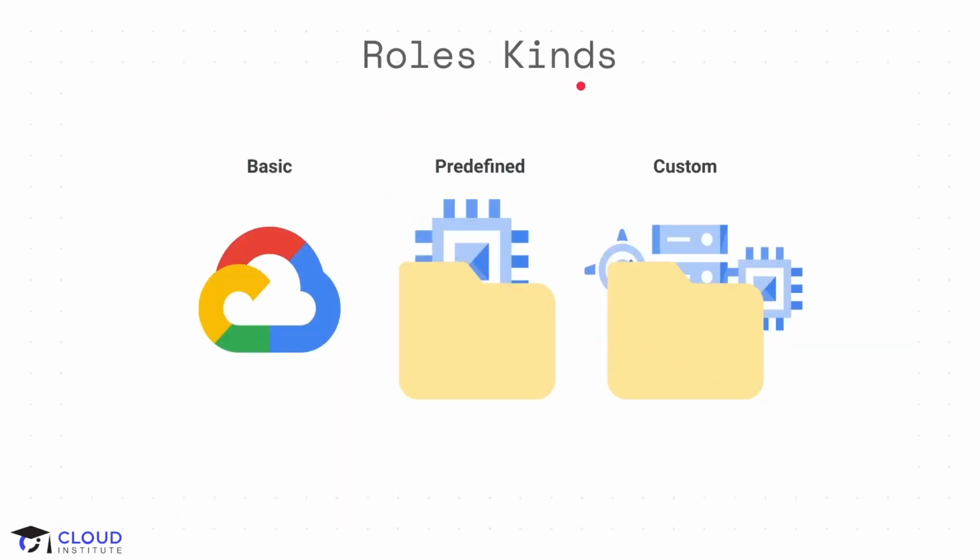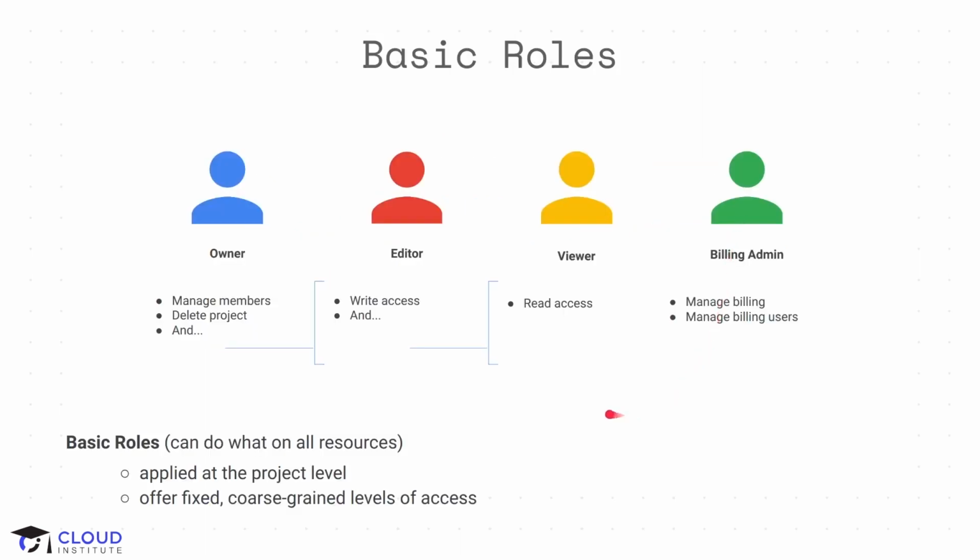For the roles that will be bound to members, we have three types: basic, predefined, and custom. For basic, we have the viewer role, which gives view access on all resources in the project, and also the editor role, which gives the viewer role plus editing access, which allows you to create any services, manage any software, deploy to Google Cloud, and so on.